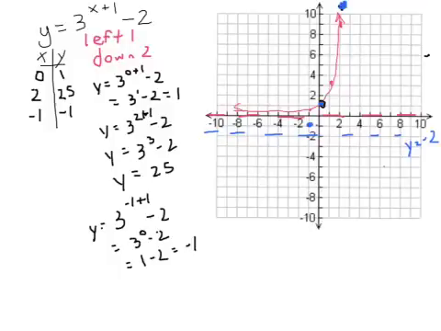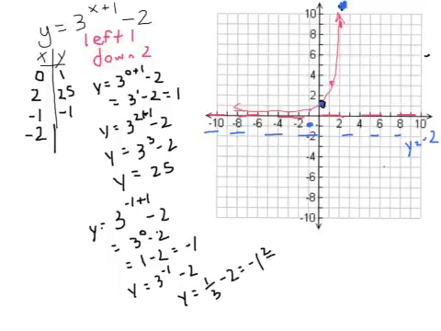Now, we'll do one additional point. We'll say -2. So I would have y equals 3 to the negative first minus 2. Well, 3 to the negative first is 1 over 3 to the positive first. Minus 2 would be -1 and 2/3.